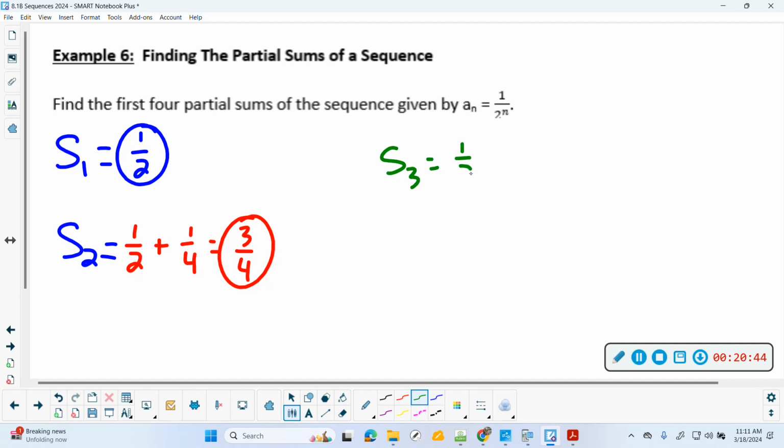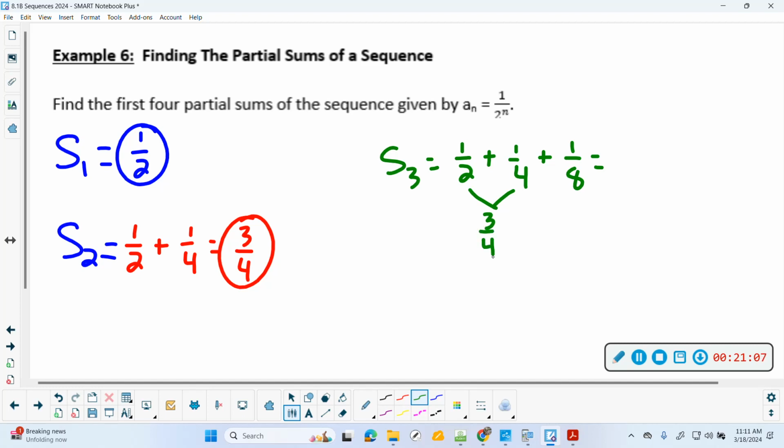Okay, sum of the first 3 terms. Well, we already got the first term. We already got the second term. I'm just going to steal it. We got to make the third term. What's 2 cubed? 8, so 1/8. Now, you could type this all in your calculator and add it, but let's work smarter, not harder. I already know the sum of these first 2 terms. We did it over there.